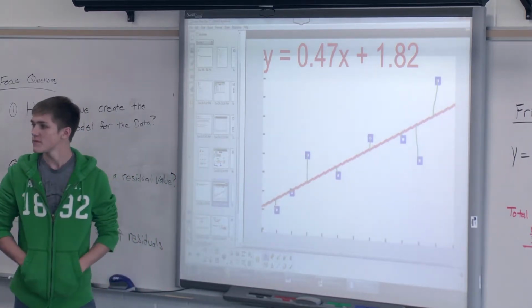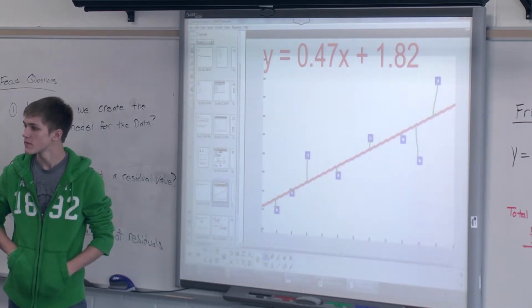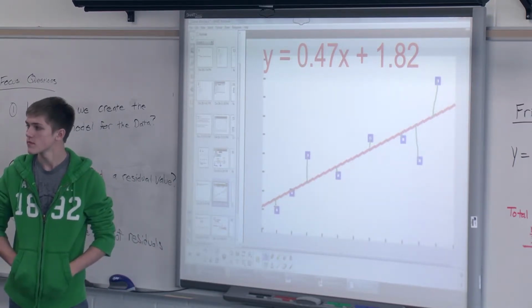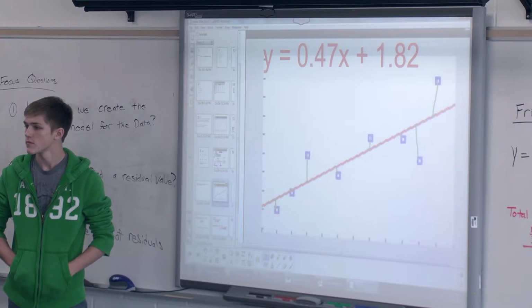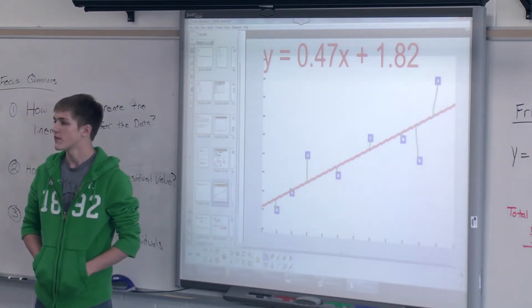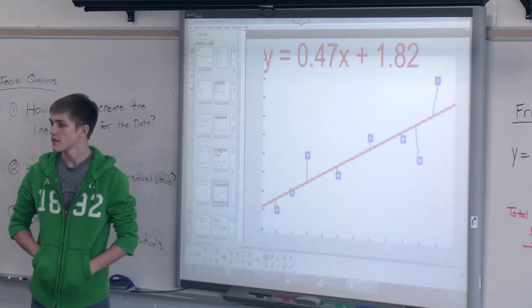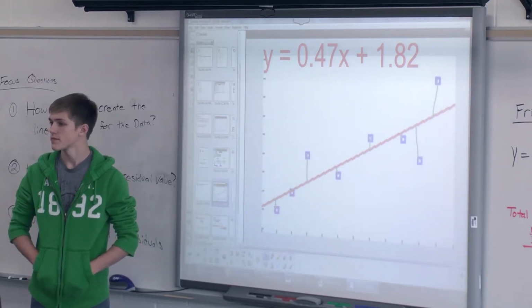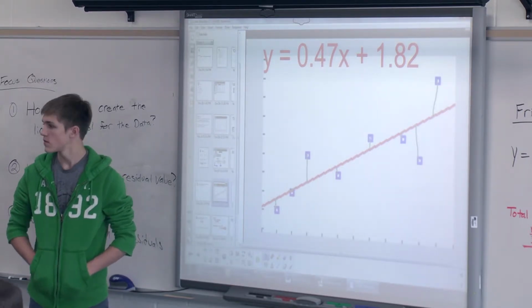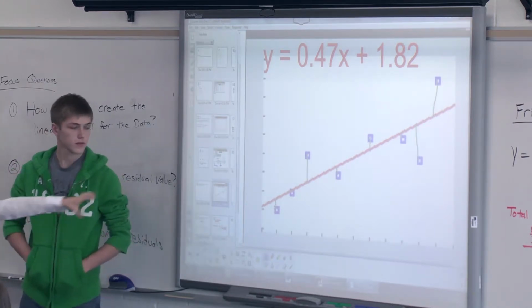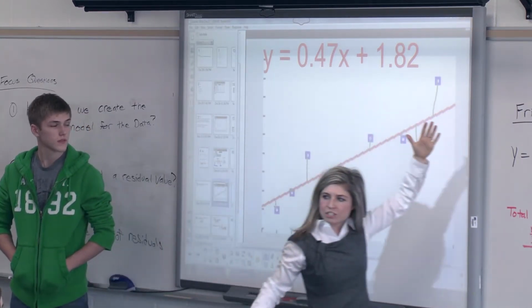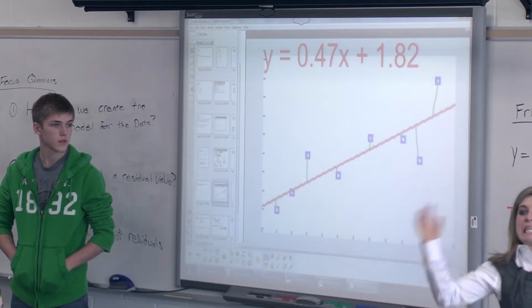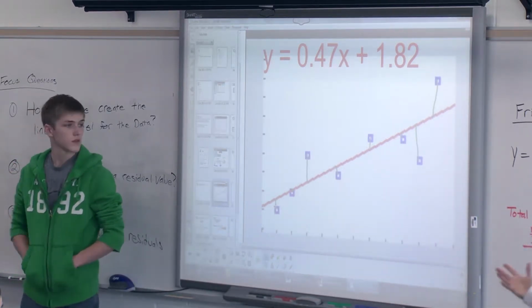Now, is it possible to have negative residual values? Why? You don't know? It feels like it should be. Say that louder, that's perfect, Sean. It's under the line. All the data points that are actually lower than our prediction line will have negative residuals. That's okay.